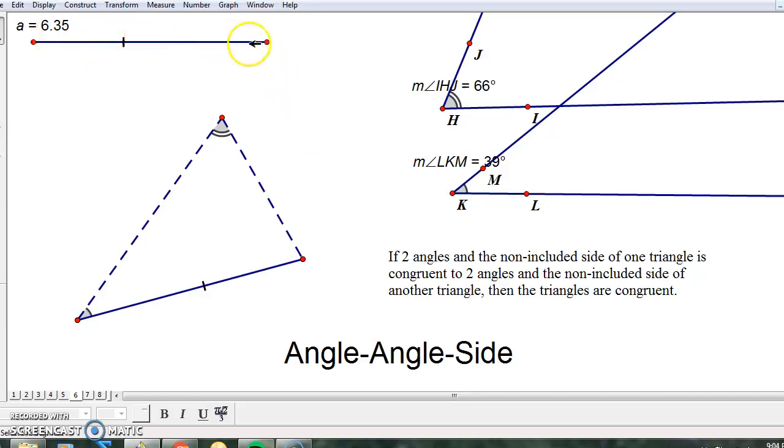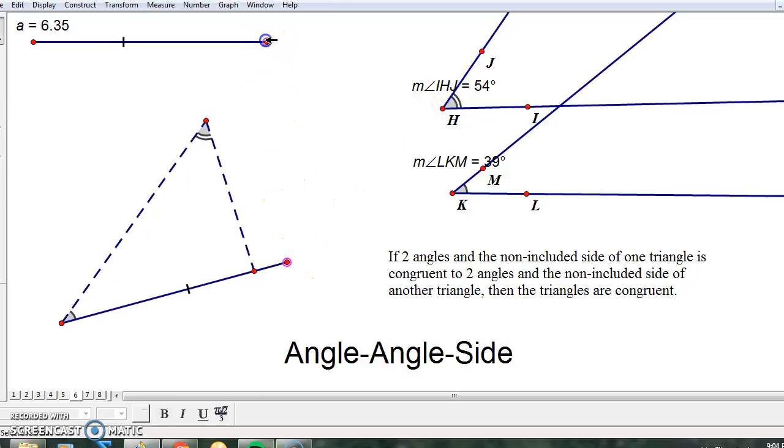If I have another triangle with this exact same side length and those two set angles, there really is only one option, and that would be right there. I can't have a second option like I did on the previous example.